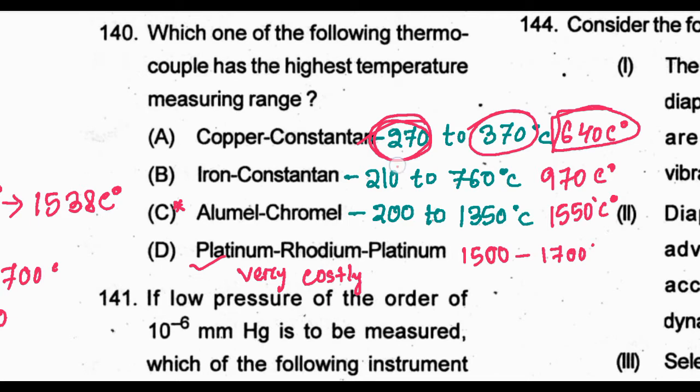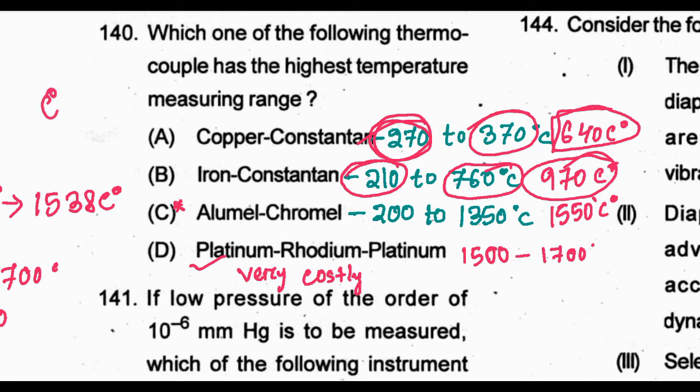This is minus 210 to plus 760 degrees Celsius, and the range is 970 degrees Celsius. Generally, for representing only a temperature, we say degree Celsius. For the difference of temperature, we generally say Celsius degree.